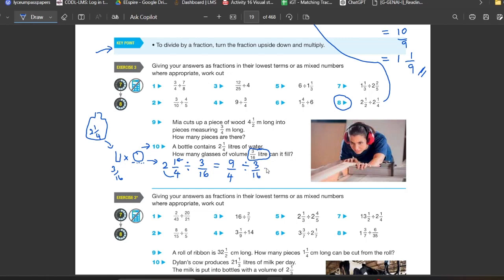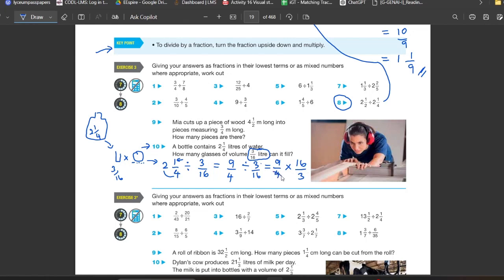So now we can do the usual steps of division. The first fraction, without changing, we write it. Turn this into multiplication. Turn the second fraction upside down, 16 over 3.